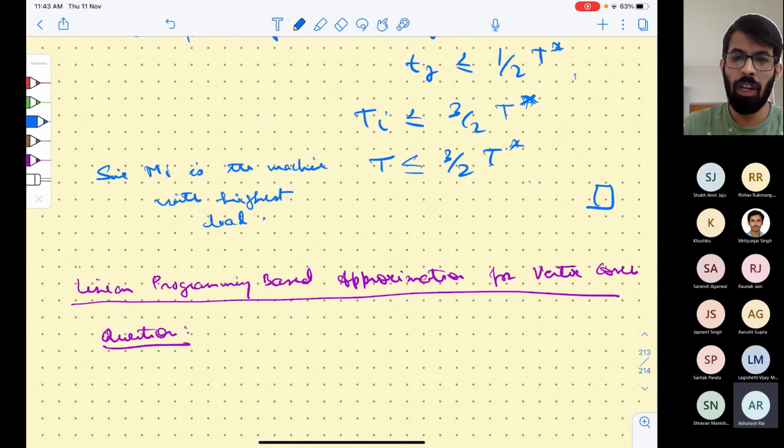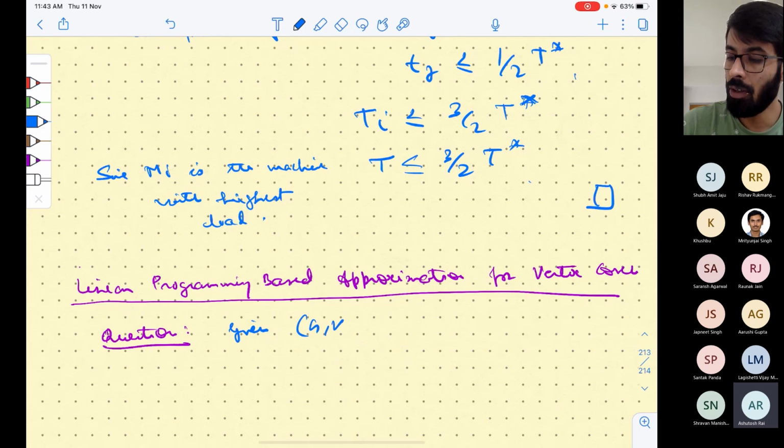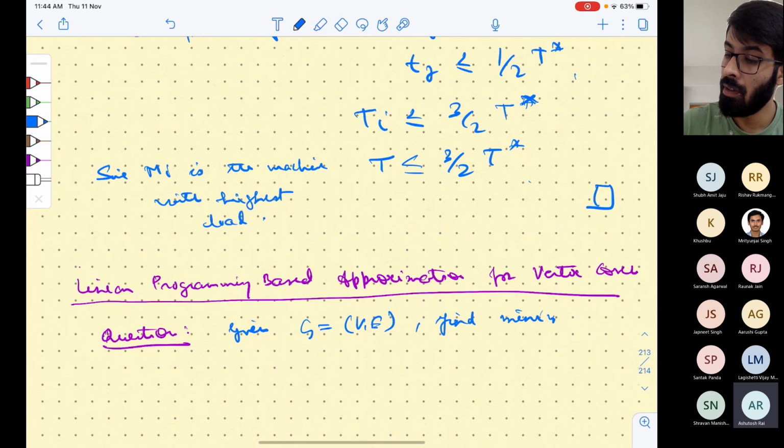Whenever we talk about approximation, we are going to talk about the optimization question. You can convert them into decision versions in a simple way. So given G comma K, or just G, find a minimum sized vertex cover.